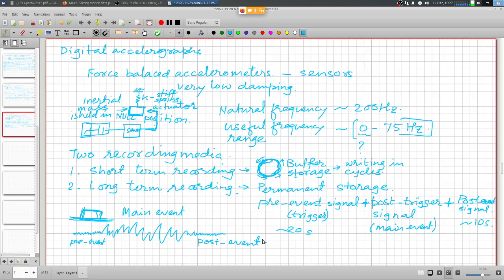So now, one major problem that we had with analog accelerograph is in a way circumvented, in that we do not have any idea about the starting of the event. In case of digital accelerograph, we know that the event has started somewhere here.